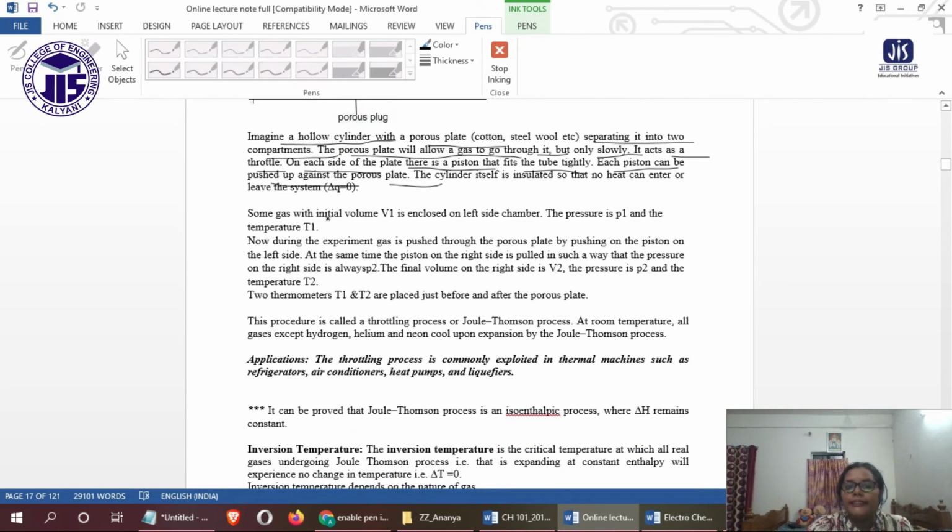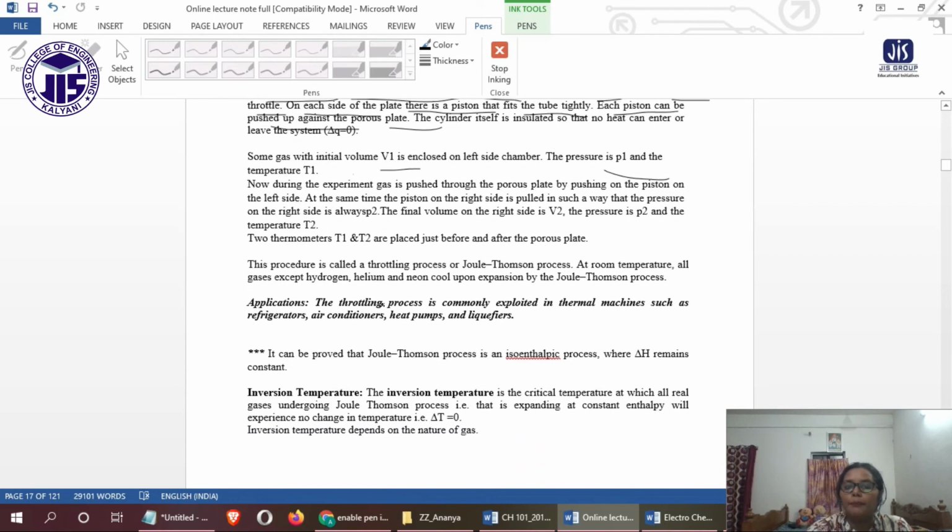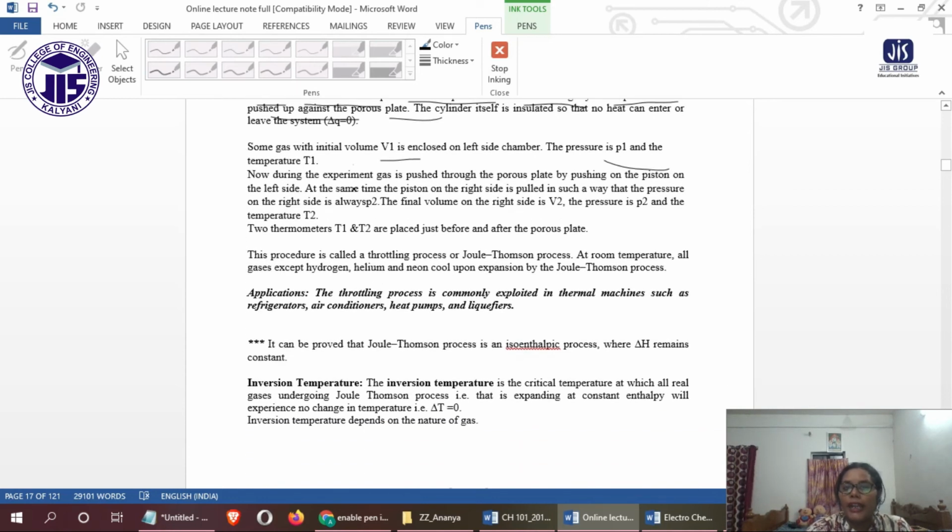For this case, some gas has initial volume V1, pressure P1 and temperature T1. During the experiment, the gas is pushed through the porous plate by pushing on the piston. At the same time, the piston on the right side is pulled in such a way that the pressure on the right side is always P2.